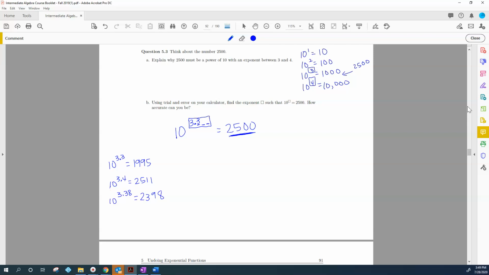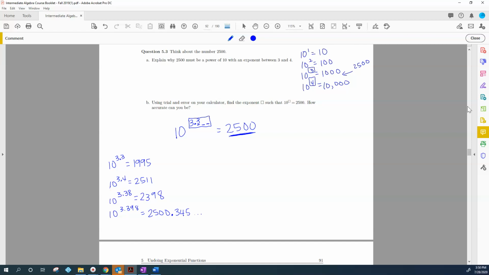Okay, to go out 3 decimal places, so 3.39 what? So get even a little bit closer. 10 to the 3.398. So Danielle, what did you get when you raised it to the 3.398 power? Okay, so it's pretty close there.